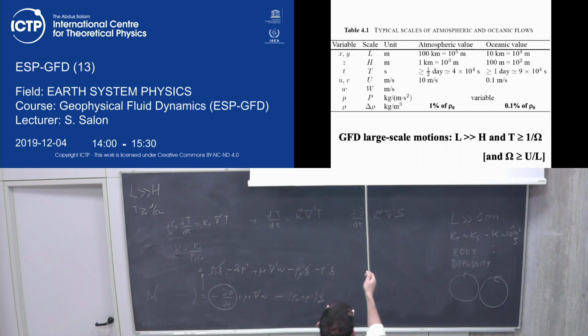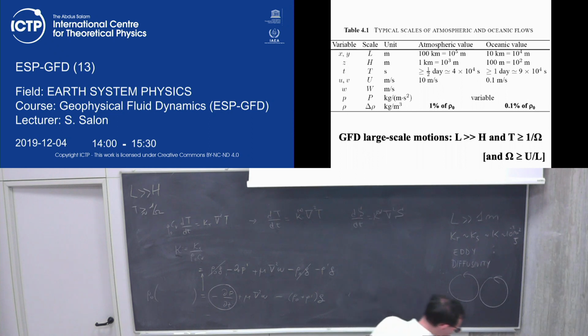Then we have pressure, which is variable, and density variation, which is 1% of rho 0 and 0.1% of rho 0 for, respectively, atmosphere and the ocean. Okay, on this base, we will see what happens in the equations in the next lecture.